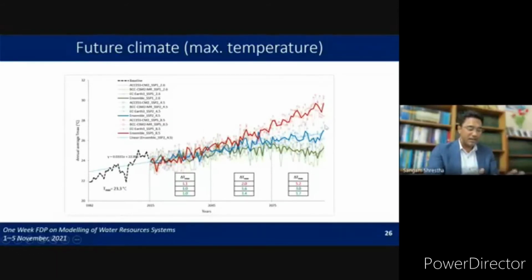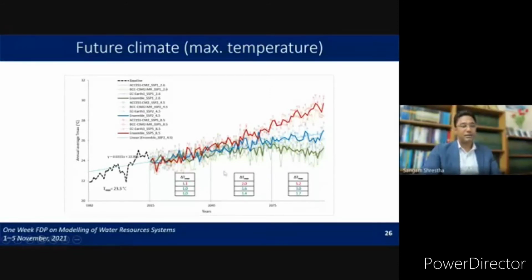The ensemble is the average of these 3 GCMs, and you can see that in all the future time periods, the average maximum temperature is increasing. The increment is different for different SSPs, right? For SSP1, of course, the temperature is increasing, but at a lesser rate than SSP5.